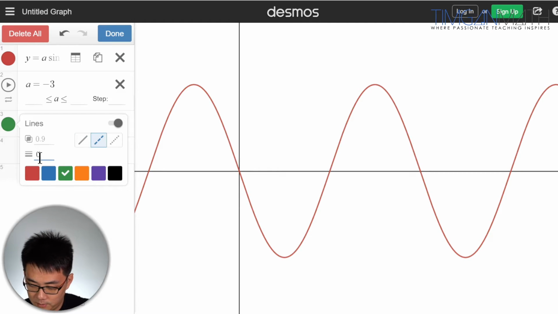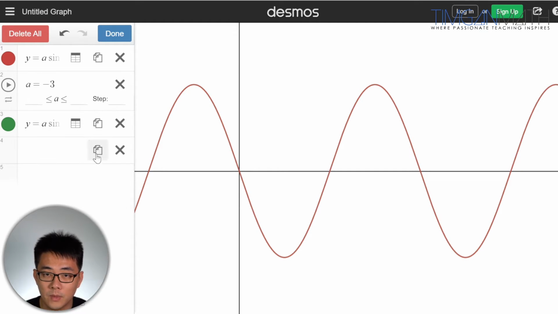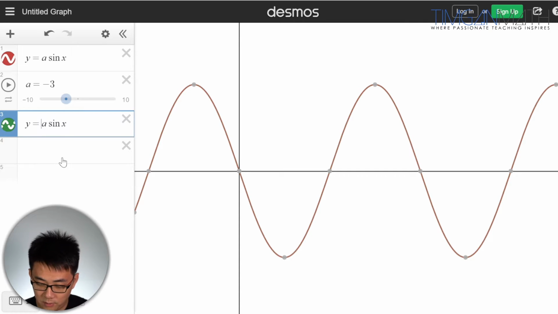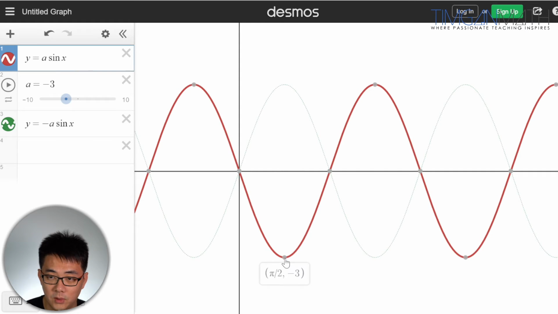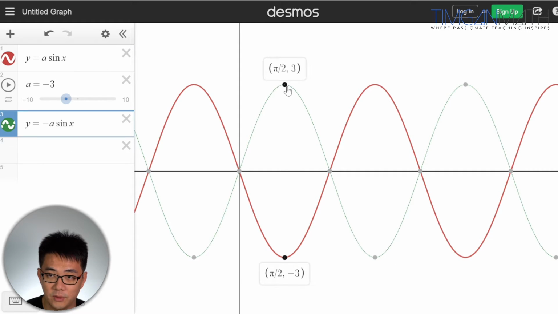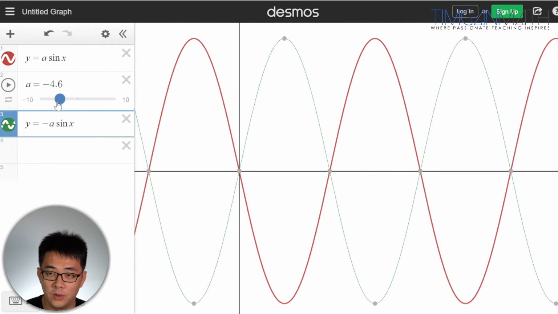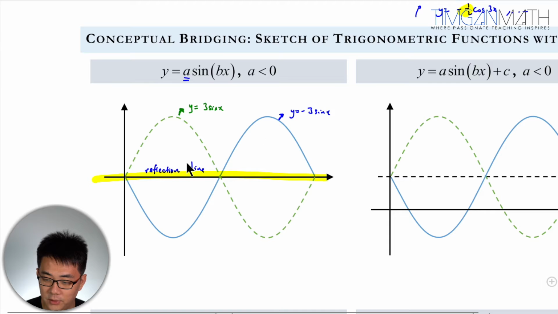The dotted line here is actually the original curve. So you can see that when I put this as negative 3, this is negative 3 sine x. It will just be below here, negative 3, and this peak here is 3. So it's being flipped up and down. That's how you actually visualize this.